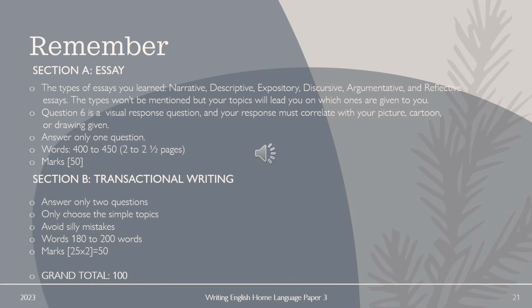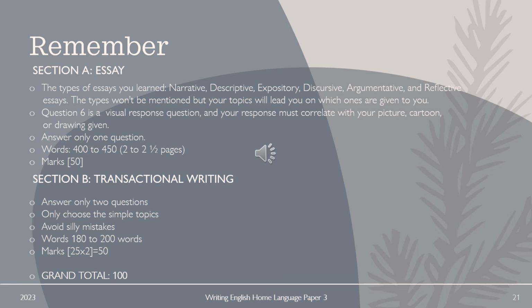Remember, in a nutshell, the paper consists of 2 sections. Section A is essay writing. You learned different types of essays: narrative, descriptive, expository, etc. from grade 8 up to 12.